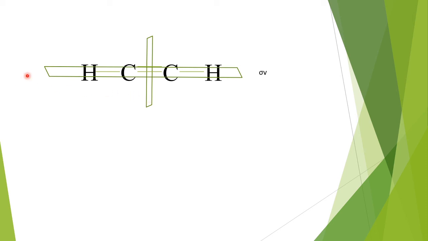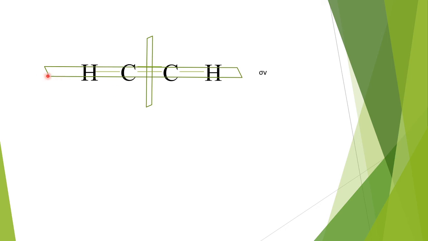No, it doesn't. This is the principal axis, and in fact this plane cuts the principal axis at 90 degrees. The principal axis is passing through this line, and we have this plane here. That plane is perpendicular to the principal axis.